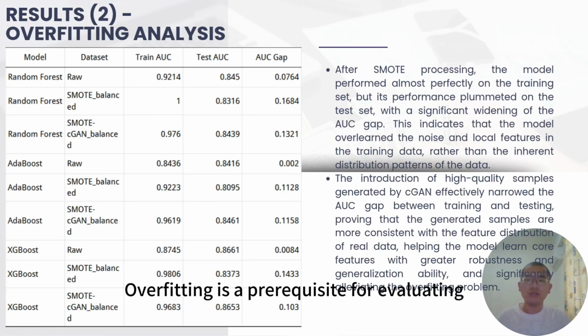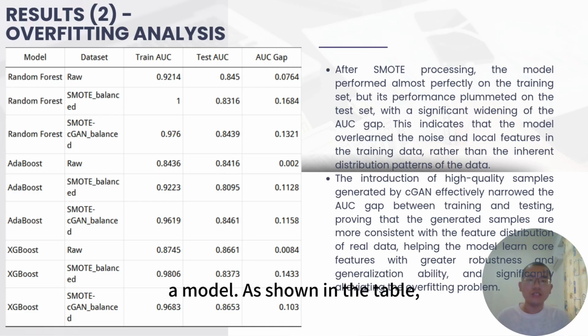Overfitting is a prerequisite for evaluating a model. As shown in the table, pure SMOTE leads to severe overfitting with a large gap between the AUC of the training and test sets, ranging from 0.1128 to 0.1684.